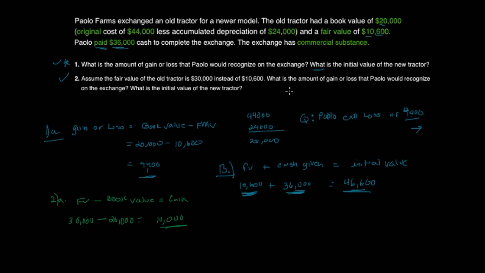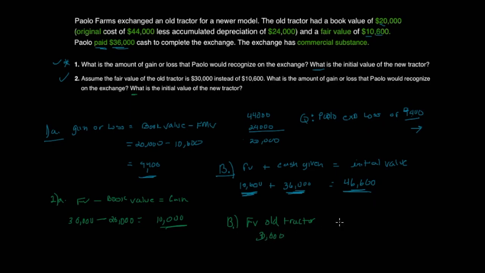So now we are going to do what is the initial value of the new tractor. Okay, so initial value, we're just going to do like we did before. Very simple. We are going to take the fair value of old tractor, FV of old tractor, which was $30,000.